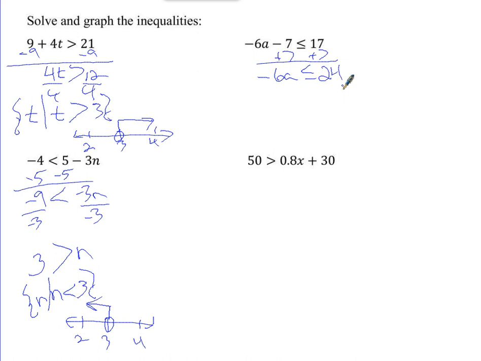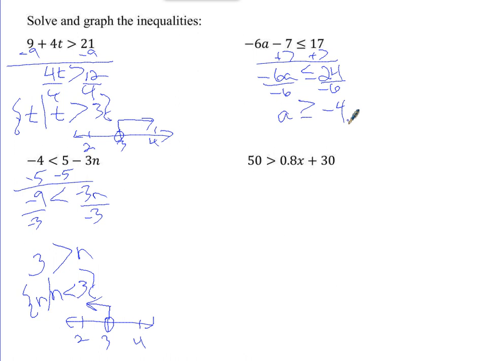Divide both sides by negative 6. What does that give me? Positive 24 divided by negative 6 is negative 4. And I divided by a negative number, which means I have to flip the inequality. So it's now greater than or equal to.